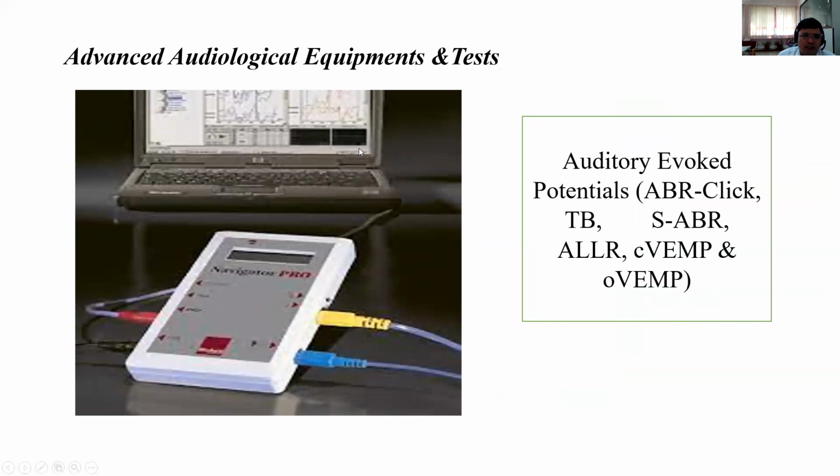In advanced audiological equipment, we have auditory evoked potentials, where you can record different evoked potentials, such as click evoked auditory brainstem response, tone burst auditory brainstem response, speech evoked auditory brainstem response, auditory late latency response, as well as some of the vestibular assessments, such as cervical vestibular evoked myogenic potential and ocular vestibular evoked myogenic potential.